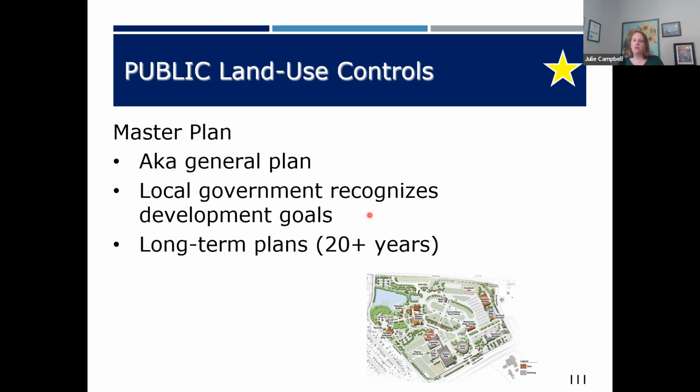So each local government has a master plan, and public land use controls help aid that plan. What we approve and what we allow today is going to affect our master plan 20 years from now, our long-term plan.